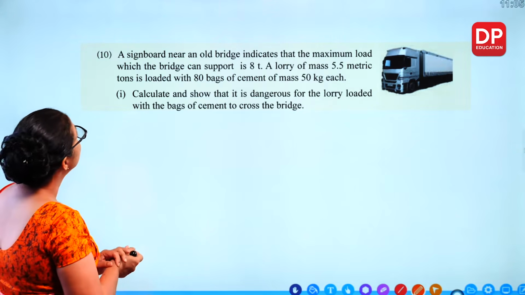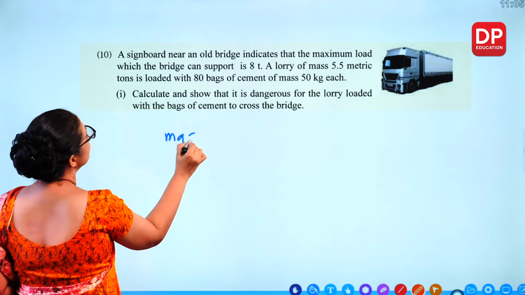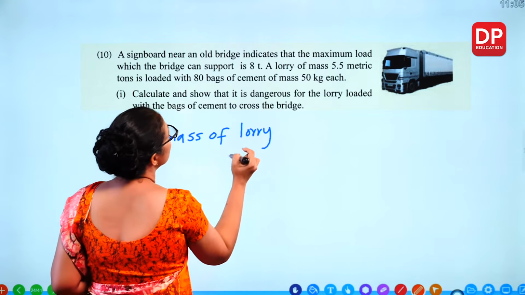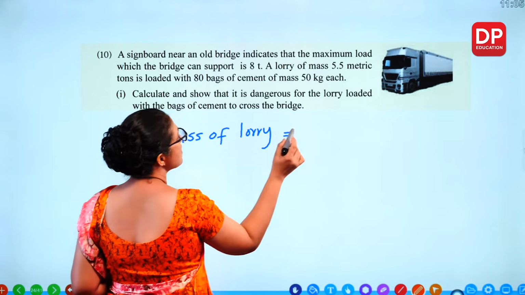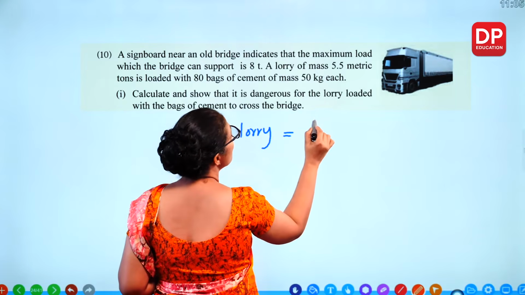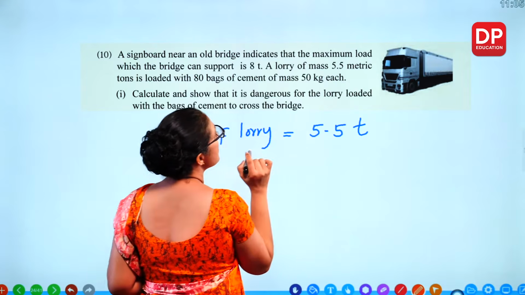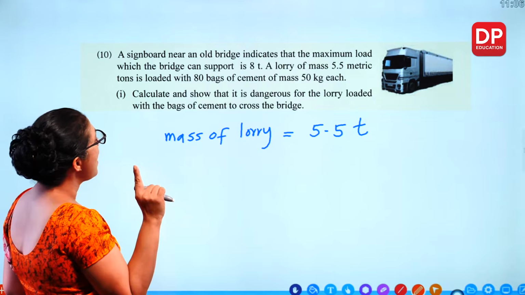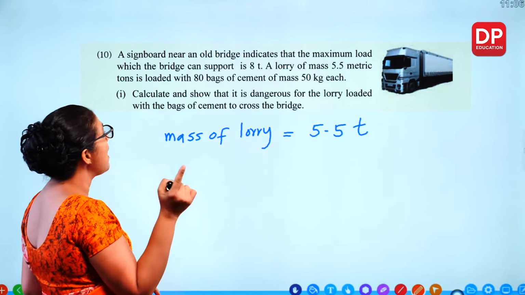So what's the mass of lorry? 5.5 metric tons. So tons, this is given in tons. So I'll write 5.5 tons there. And each bag is 50 kilograms and 80 bags are there.